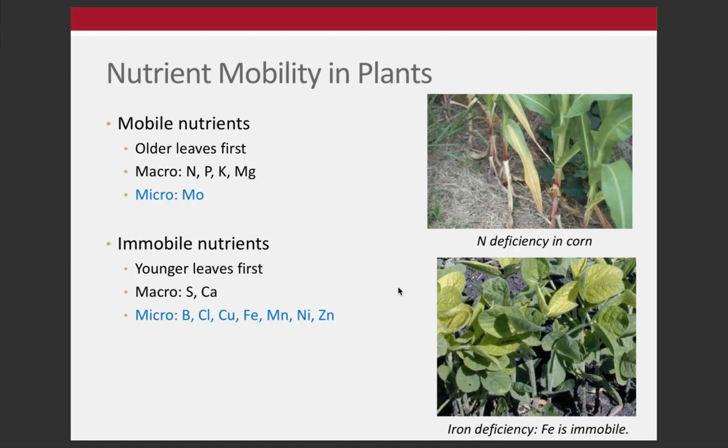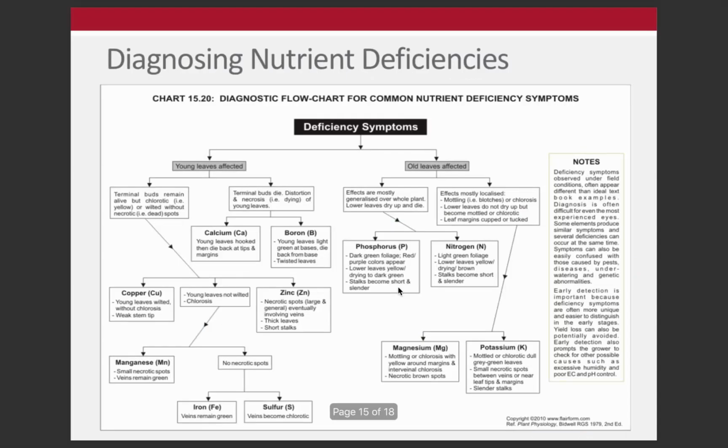This is a nice thing to file away in your brain when diagnosing micronutrient deficiency: deficiency symptoms show up primarily in younger leaves first. I'm just showing you this flow diagram that you've seen numerous times as an indicator for that.